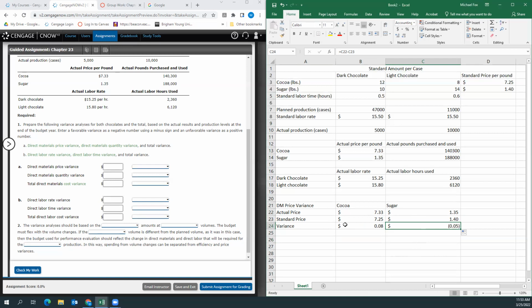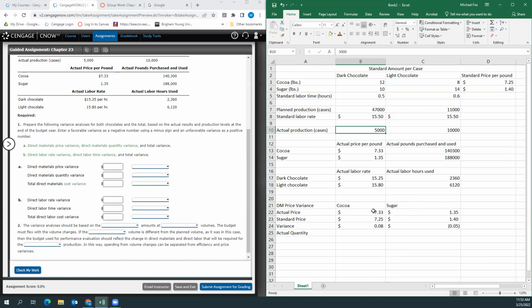So now to figure out our total price variance, we just have to multiply this by our actual quantity. Our actual quantity is right here where it says actual production in cases. But it's not just cases, right? Because we're dealing in pounds here.